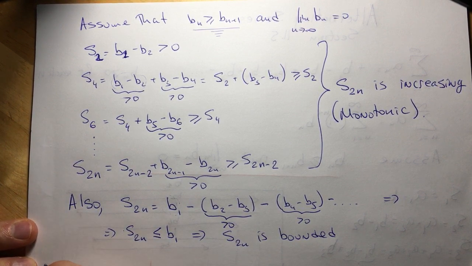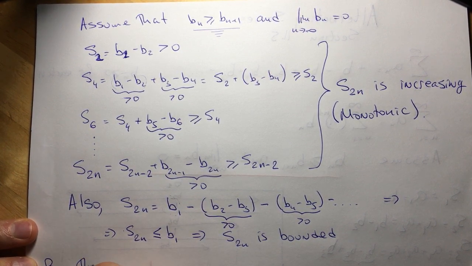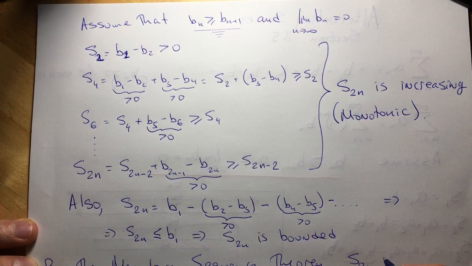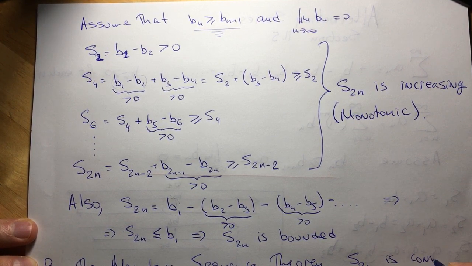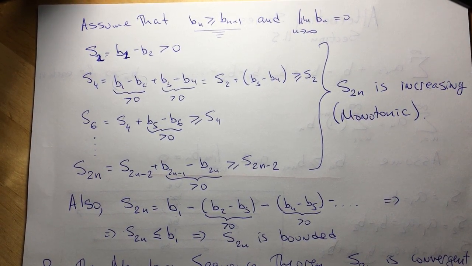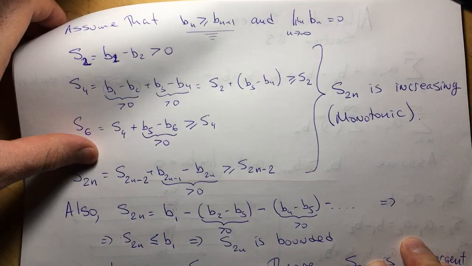So by the monotonic sequence theorem, this subsequence S of 2n is convergent. That means it has a limit, right?